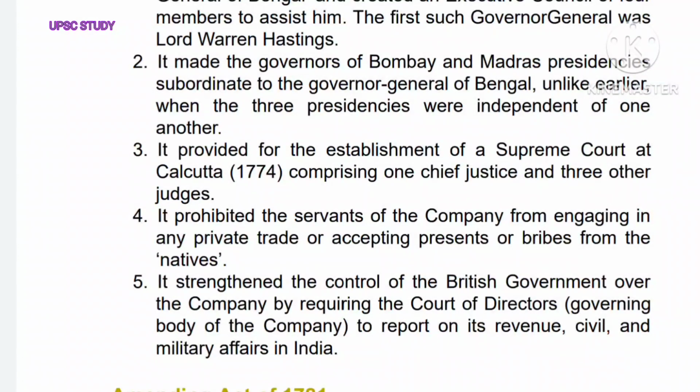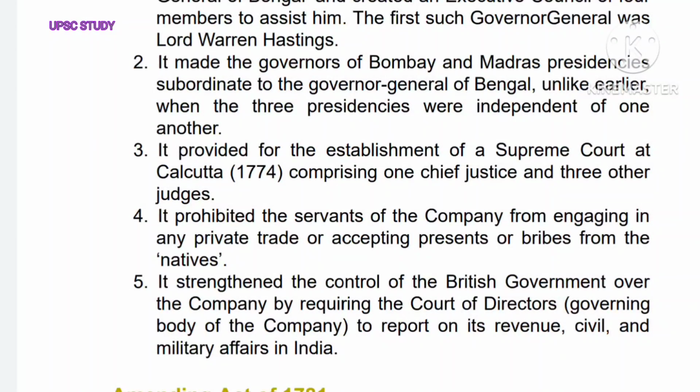Number 5. It strengthened the control of the British government over the company by requiring the court of directors, the governing body of the company, to report on its revenue, civil and military affairs in India.